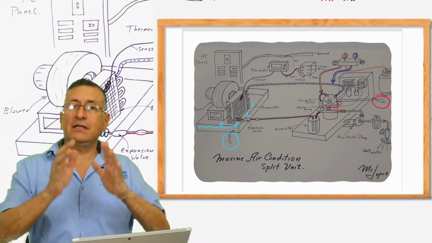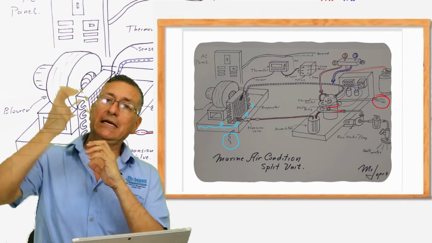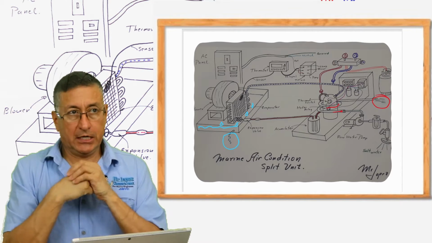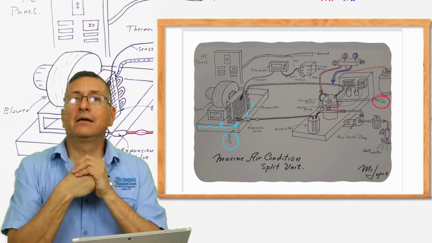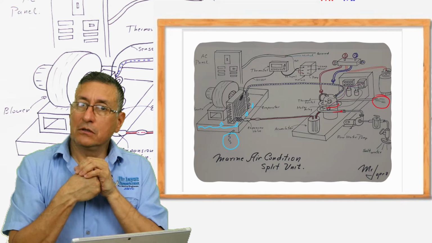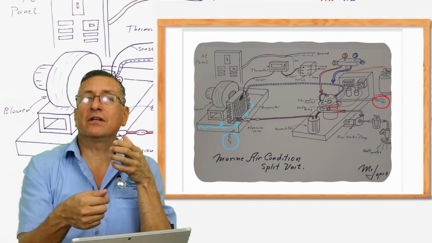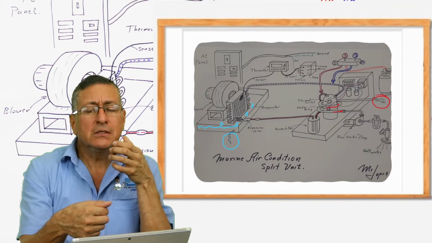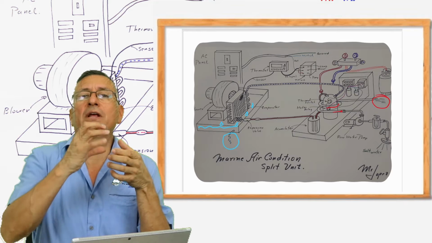Yes, my friend, this is the situation with the evaporator. The evaporator is located inside. The evaporator absorbs heat when the air passes through the coil, and inside of the evaporator, in the bottom, it receives the refrigerant liquid at low temperature and it starts to evaporate.